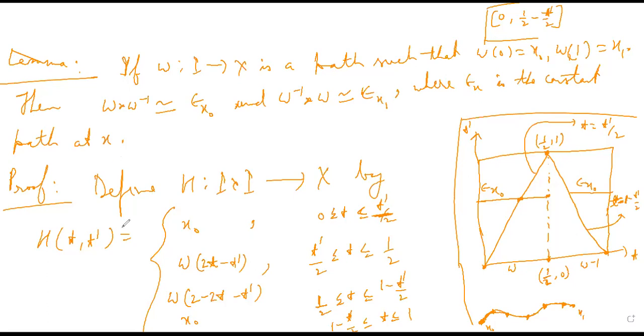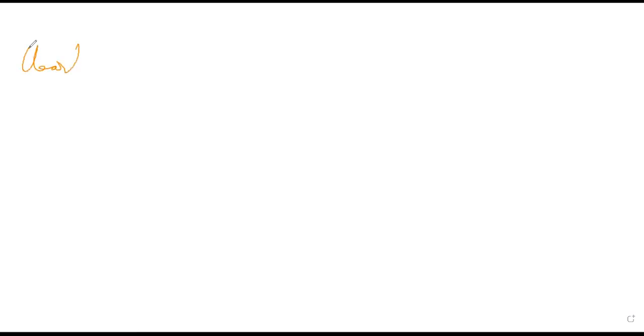Yeah, so it is fine now. Capital H is going to be continuous by using similar ideas as we have discussed previously. Clearly, capital H is continuous, hence omega star omega inverse is homotopic to the constant path at x naught.